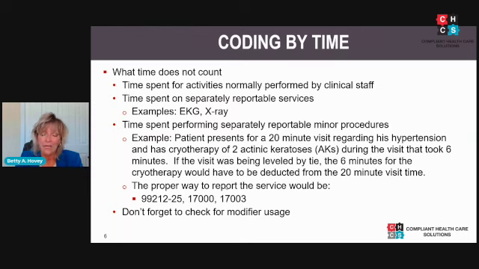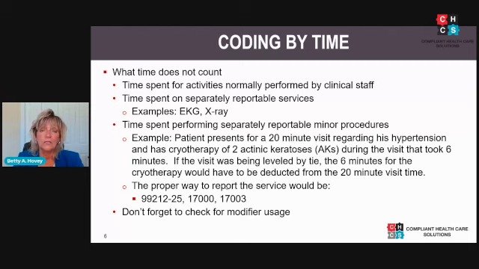You could document that in different ways, depending on how the physician likes to document. The note could either say a total of 20 minutes was spent with the patient today, and 6 minutes of that was spent doing the minor procedure. Then they would just take the 6 from the 20 and get 14.